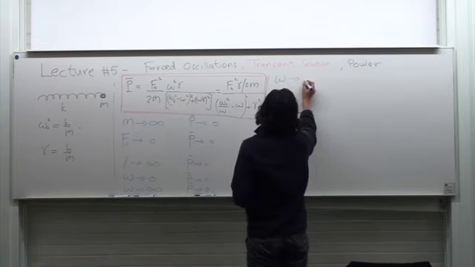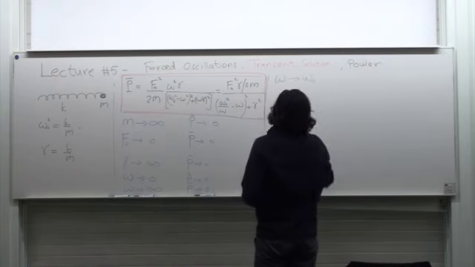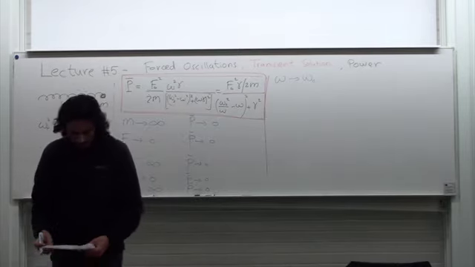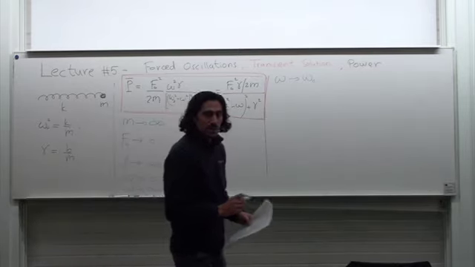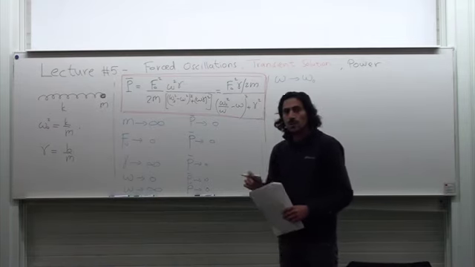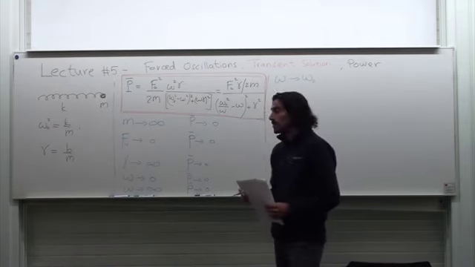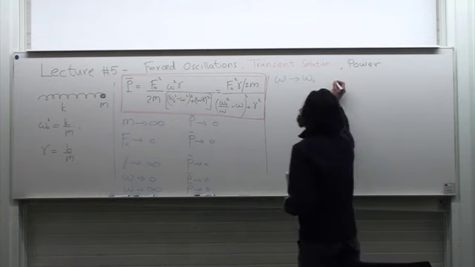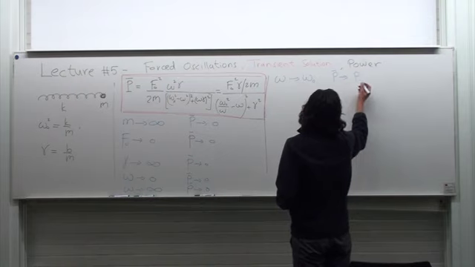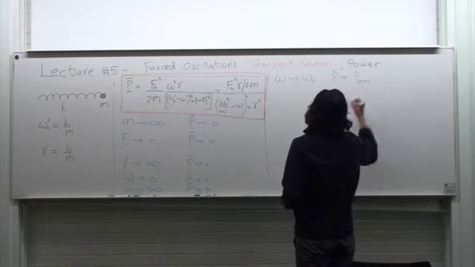So the frequency is tending to omega goes to omega 0. Now, you may think then the power would be at its maximum level, and that is true. So P would tend to some P max.